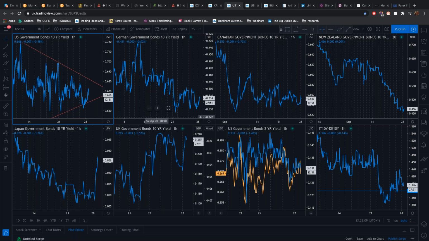We're seeing yields remaining within their recent range, but with a slight bias to the upside. US, German and Canadian government bonds are pushing to the higher end of their daily range, Japanese bonds are moving higher, and UK government bonds are moving higher as well. So it's a moderate upside bias in bond yields.